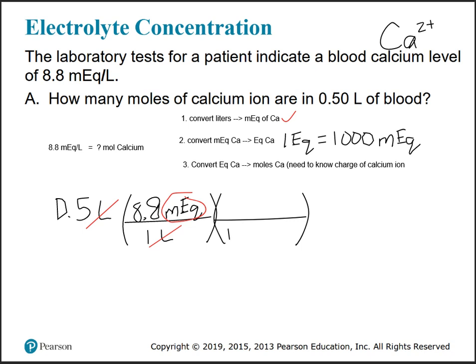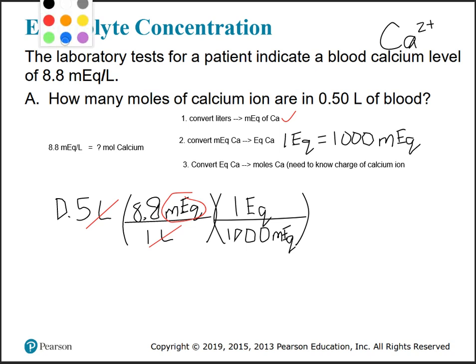That way it will cancel out. So don't forget to write the 1,000 along with it. That number travels along with the milliequivalent. On top, we're going to put 1 equivalent. That's the unit that we actually want to get to next.